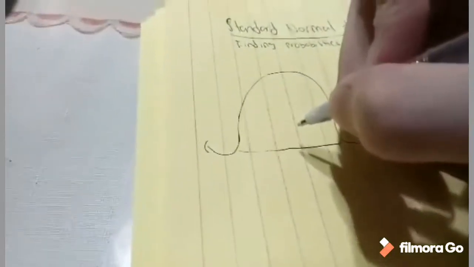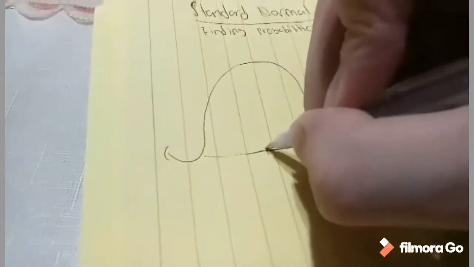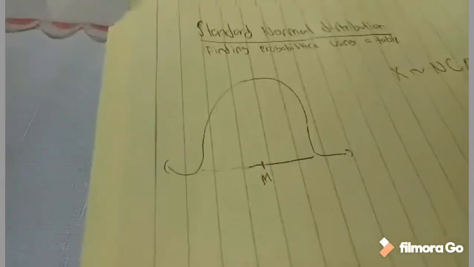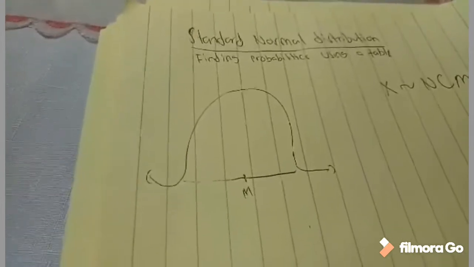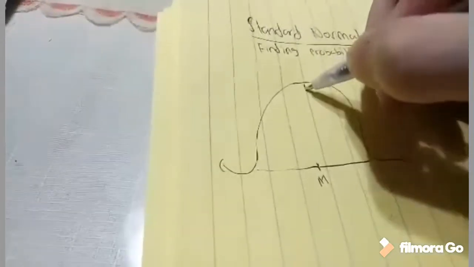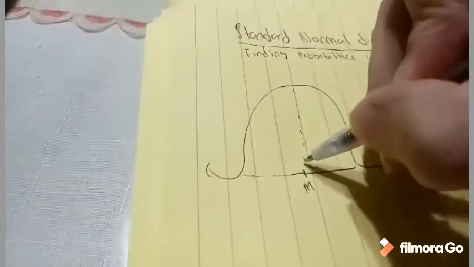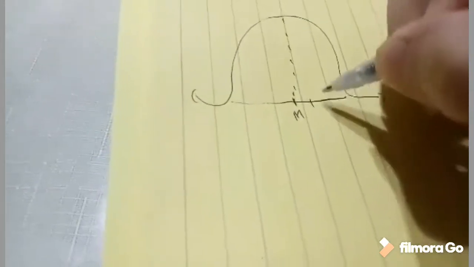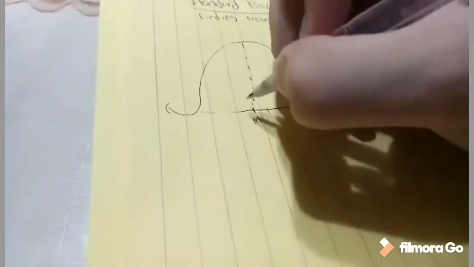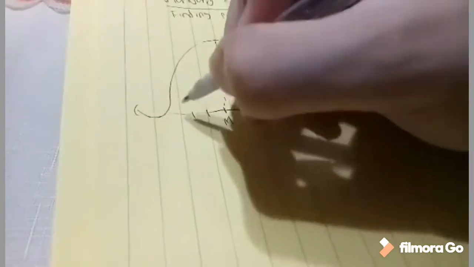The mean is right in the middle of the bell curve. And here would be one standard deviation away from the mean: -1, +1.